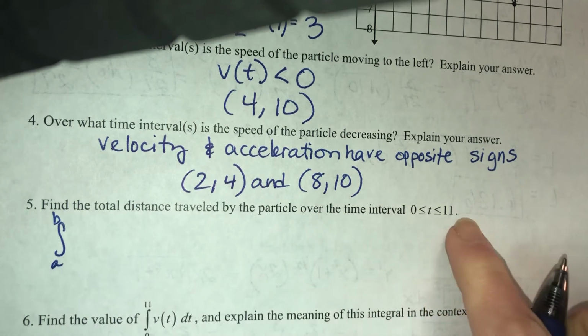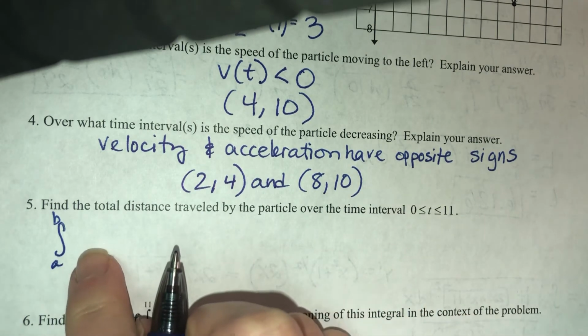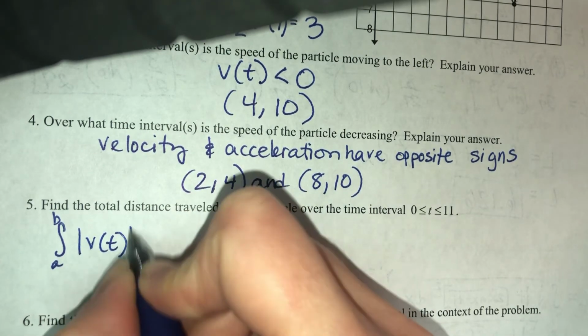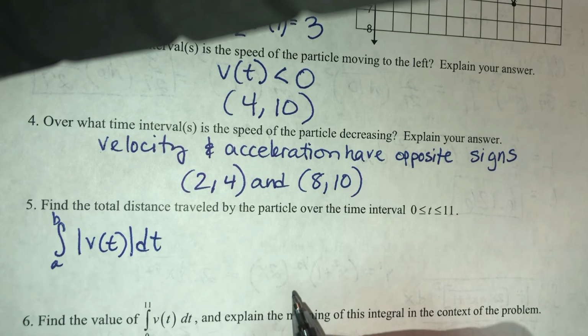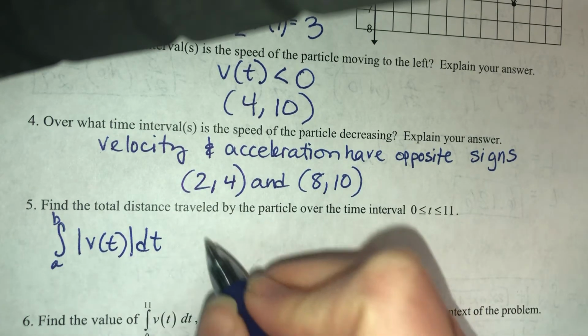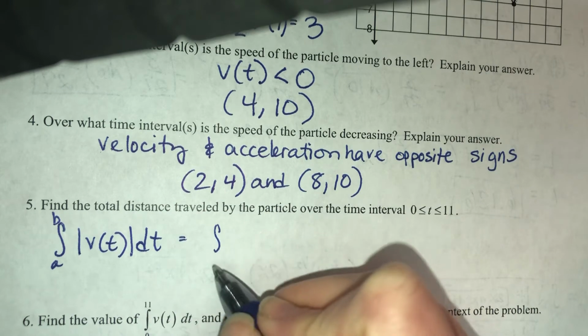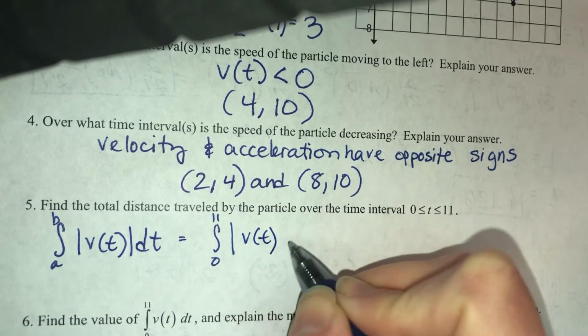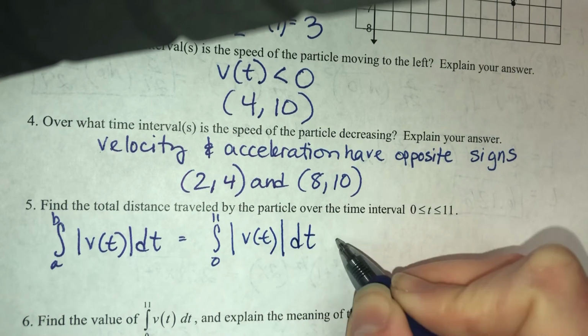Here we've got 0 to 11, so those are the values where we start and end. And then we're going to integrate the absolute value of v of t dt. That's going to give us total distance traveled, okay? So this is going to be the integral from 0 to 11 of the absolute value of v of t dt.